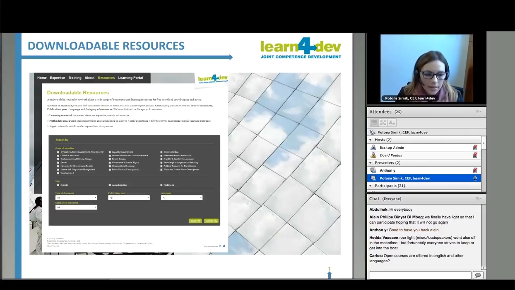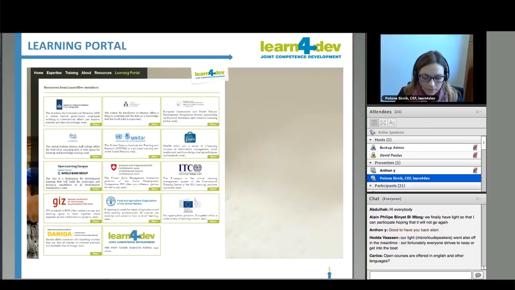Then there is the Learning Portal. A Learning Portal gathers online learning resources of member organizations in one place. So here you find links to mostly e-learning portals of the organizations, to the blogs of organizations.